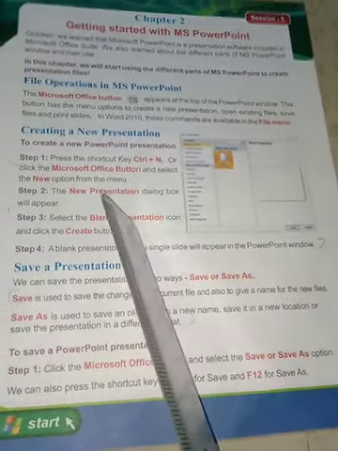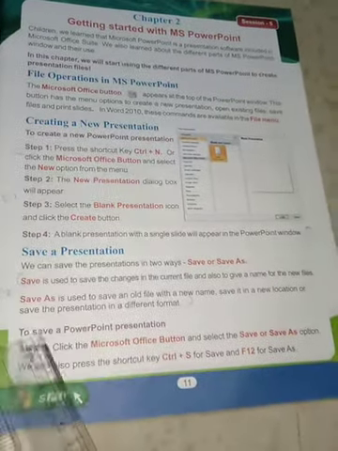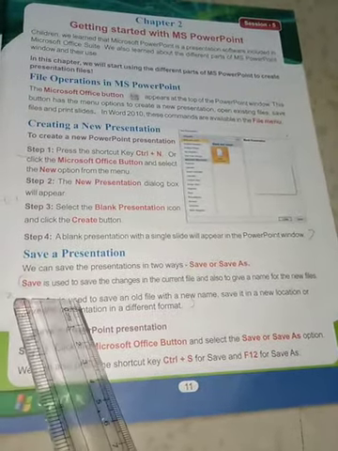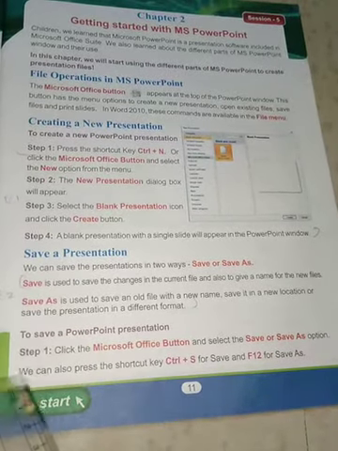If it is on your C drive, you can change it to your D drive, or change the format. It will be in the .pptx form. You can change it to PDF or Word doc like this. We use Save As.